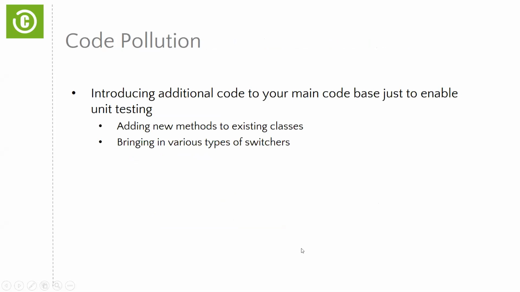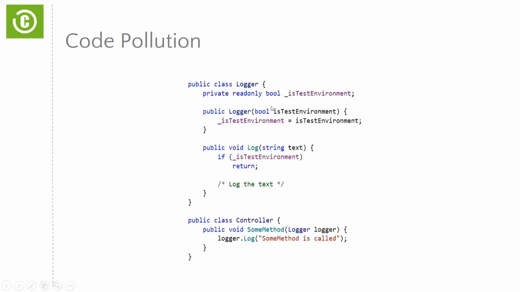Another anti-pattern which is often encountered is adding additional code to your main code base just to enable unit testing. Examples would be adding new methods to your existing classes and bringing in various types of switches. Let's see an example. This is often the case. We need some loggers in our applications whenever we are building some system.